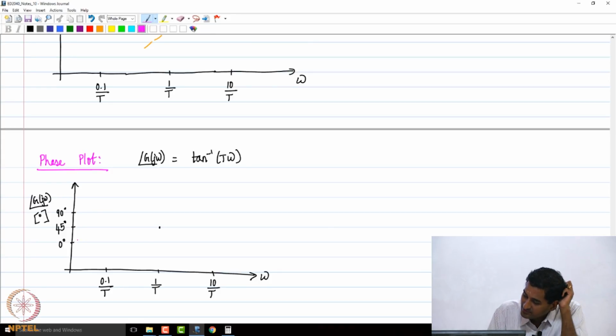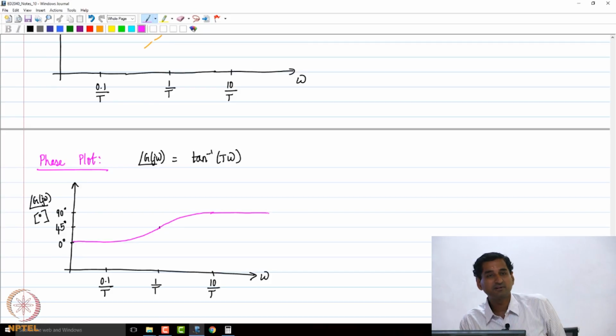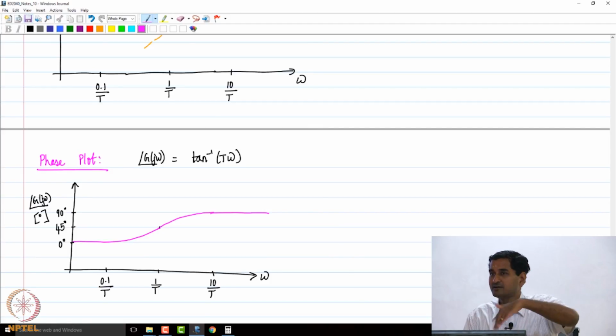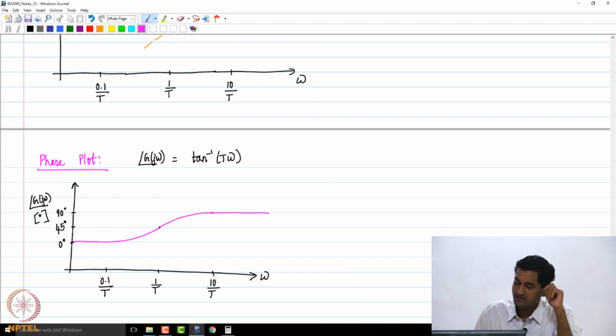The phase plot starts from 0, passes through 1 by capital T and 45, and then settles to 90 asymptotically. So that is what happens to the phase of the factor Ts plus 1. It is just the reflection once again about the horizontal line passing through 0 degrees.